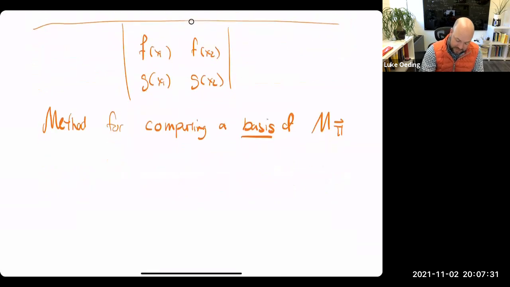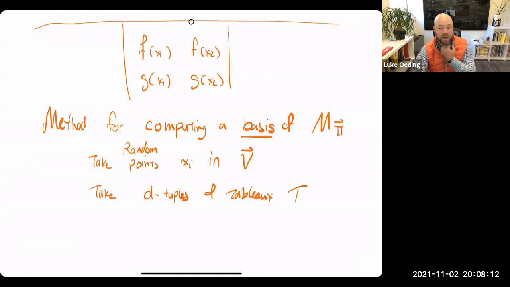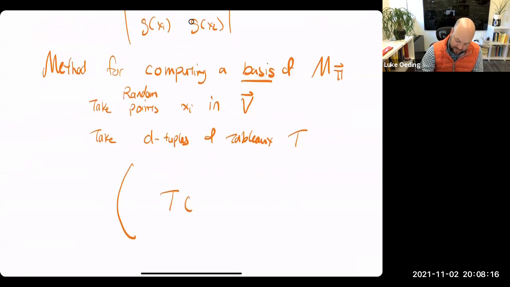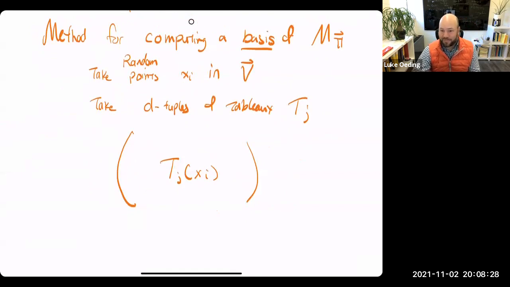So a method for computing a basis of this is going to be, take points, say x_i, in V vector, sufficiently generic, so random, and take these tableau tuples, say T. So it's a tensor product of tableaus, and then evaluate T_j at x_i, and keep doing this until you get, well, you don't know when to stop if you don't do the character theory.